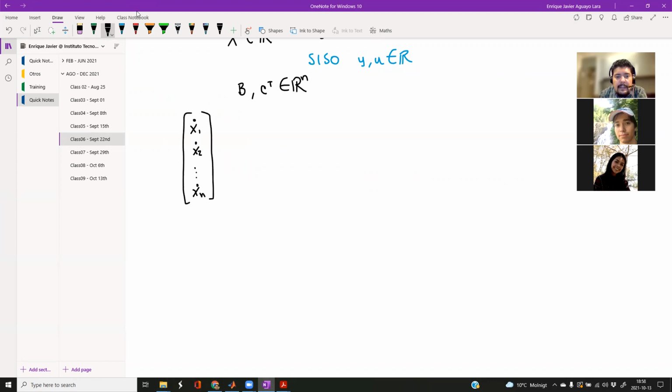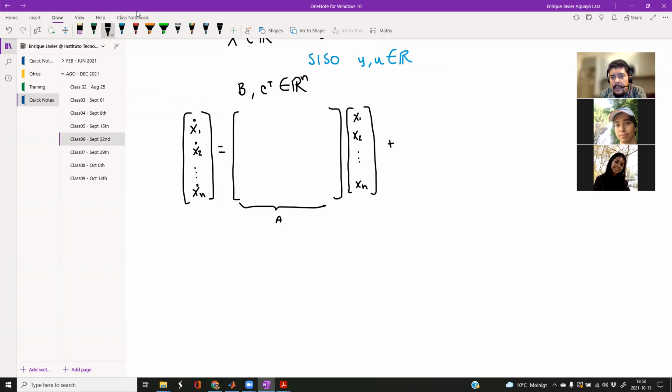The derivative of this is going to be equal to a matrix that we call A, or dynamical matrix, times x1, x2, up to xn, plus the vector B, which is going to be B1, B2, all the way to Bn, times u.